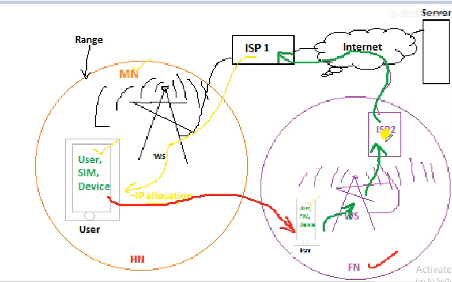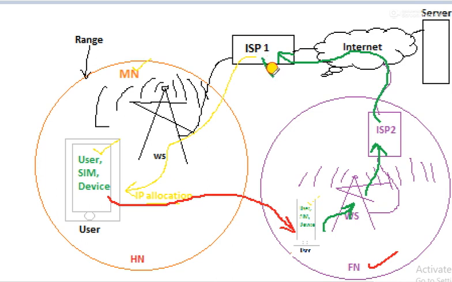Since the ISP1 user has entered this network, ISP2 will forward the information to ISP1 for confirmation purposes. Now ISP1 will understand that yes, this is the user who is registered within my services, within my directory.